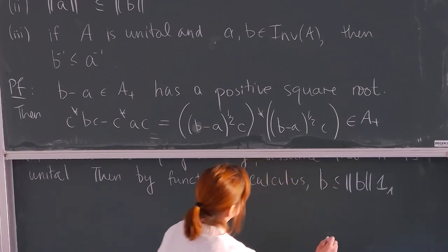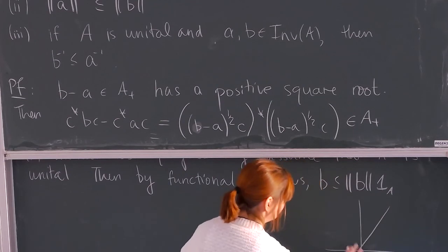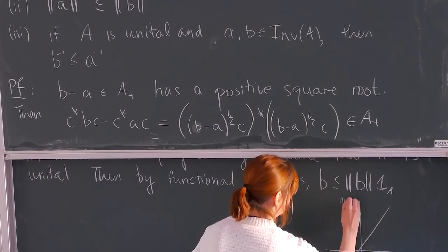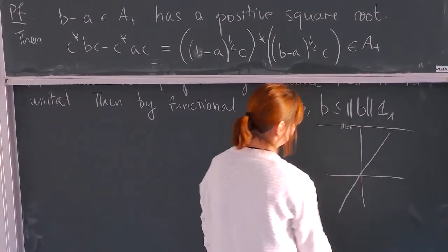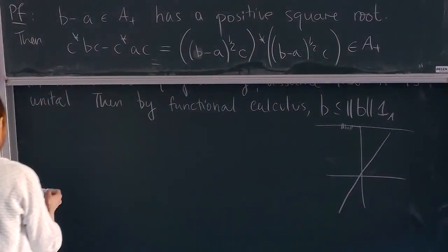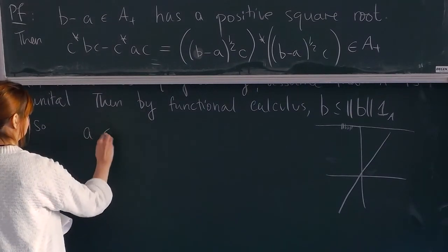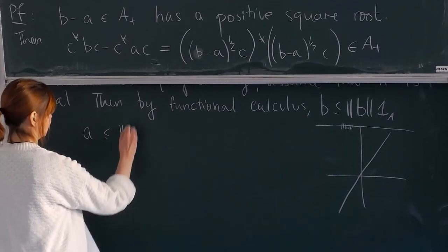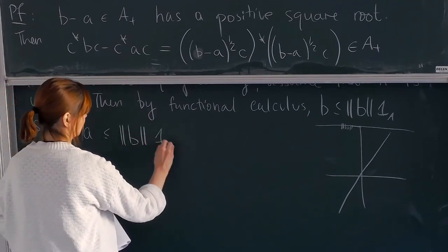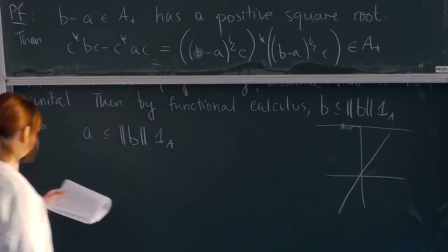So again, here's B. Here's B times 1. Clearly, this is less than that. So we get that A is bounded by this, since as we saw, this relation is transitive.